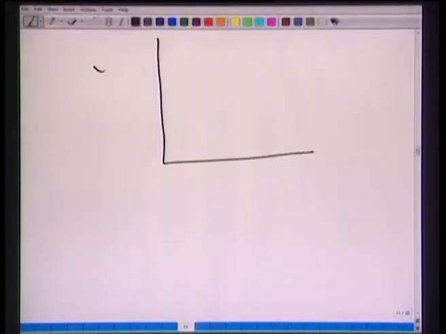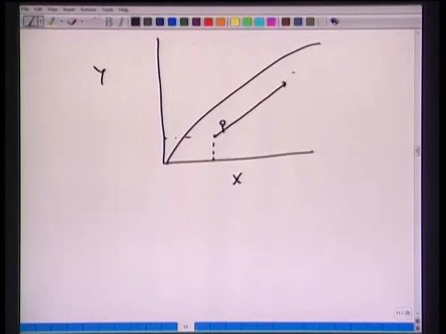So if we draw it here, capital Y, capital X, we have the same equilibrium curve. Now if this is point P, equivalent to Y1 and X1, then we have the slope of the curve which is positive, and we have PQ. So this is a positive slope here with the slope Rs over Es.